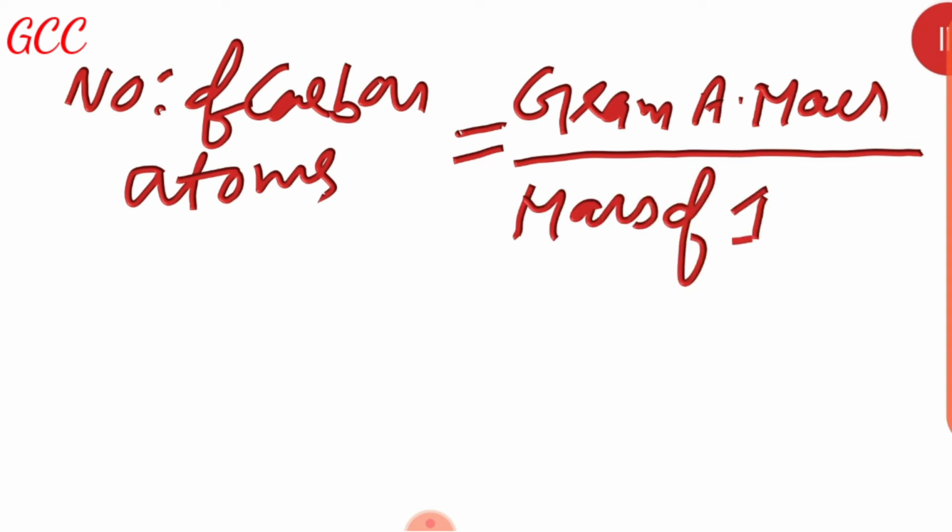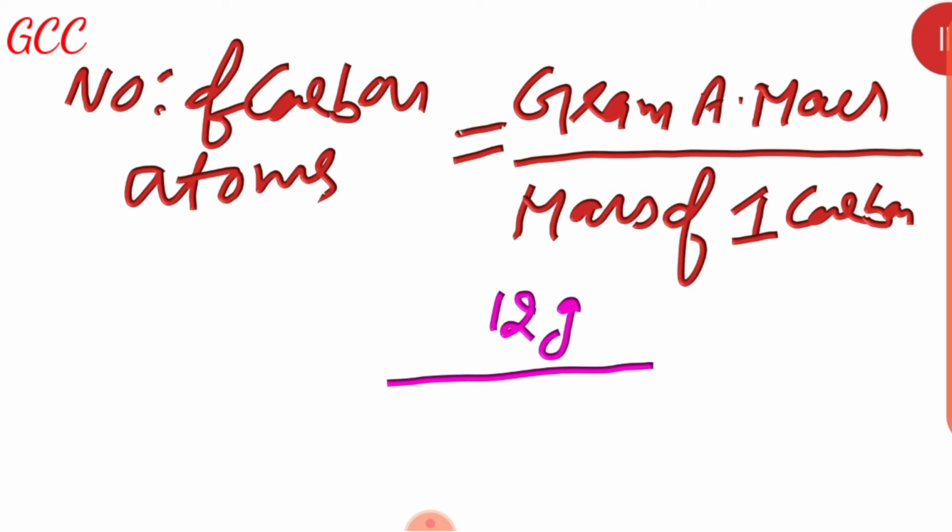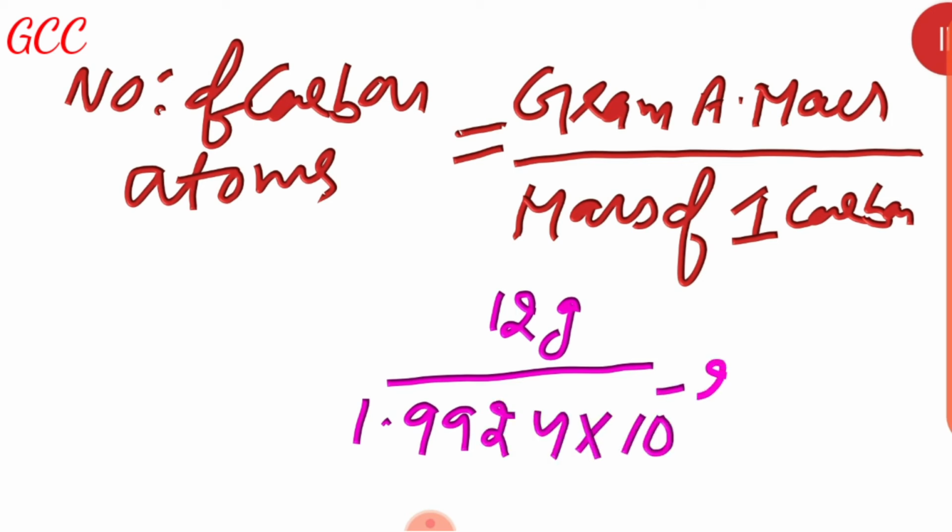Mass of one carbon atom. And I will tell you, students, the gram atomic mass of carbon everybody knows is 12 gram. And the mass of one carbon atom is, you should always remember, 1.9924 × 10^-23 gram.